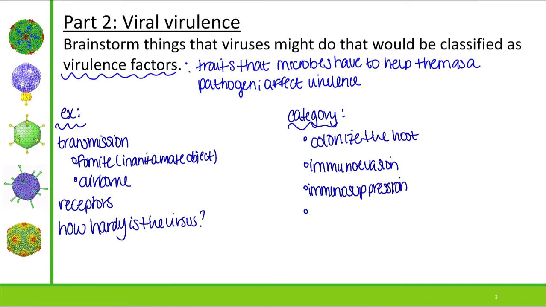Of course, somehow we have to obtain nutrients from the host. So we've kind of started to hint at some of those things. When we talked about how viruses modify the different metabolic pathways that are normally found in cells, that could absolutely be an example of a virulence factor as well.